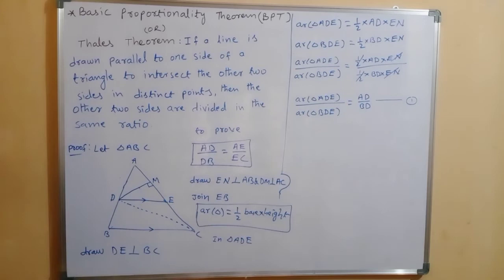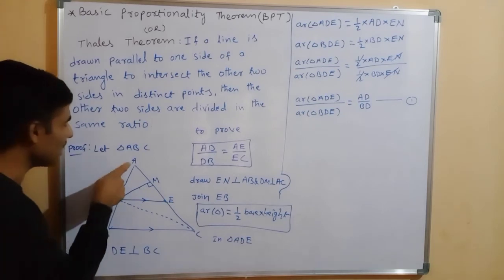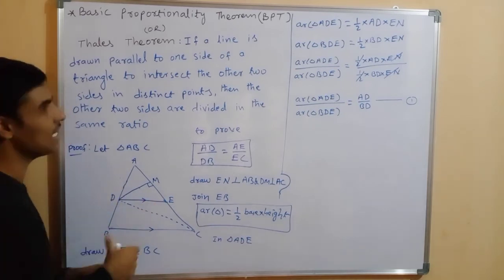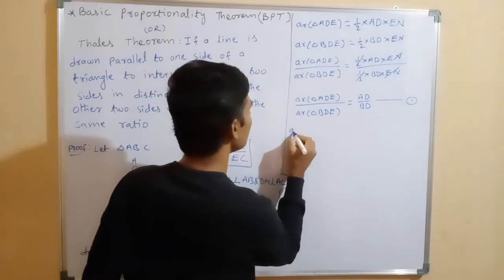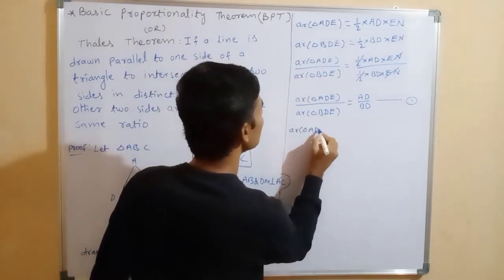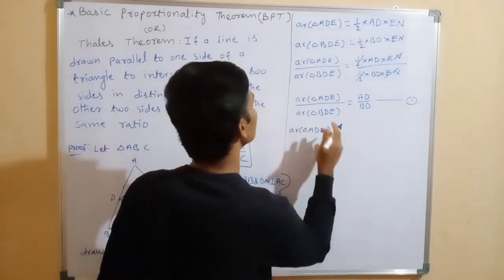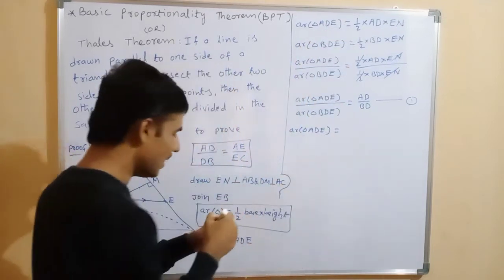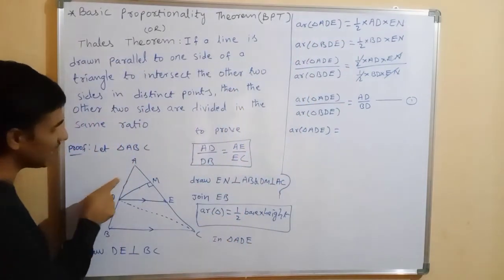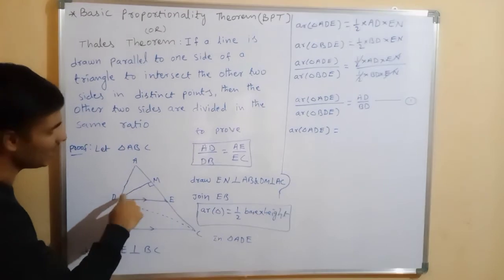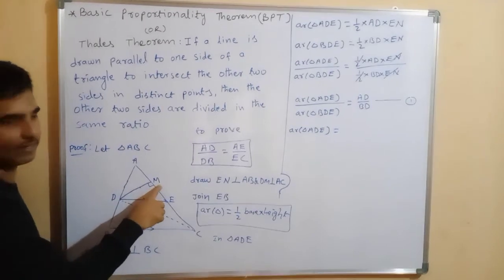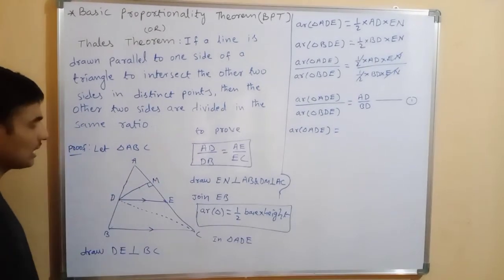Now I am finding the area of triangle ADE, where I take another height, DM, the height of this whole triangle.